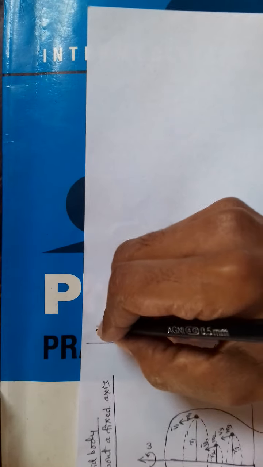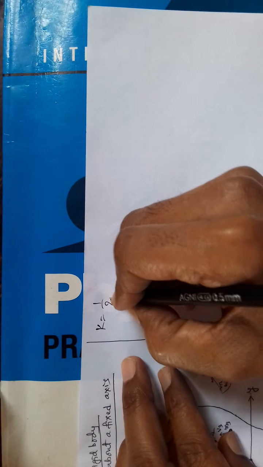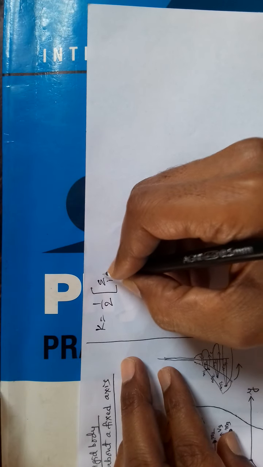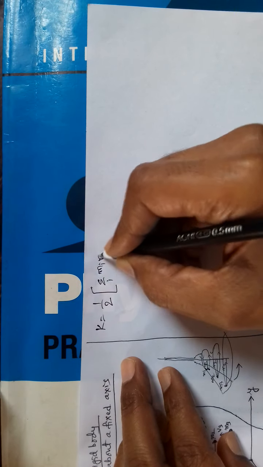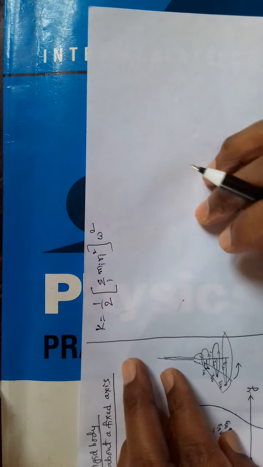K is equal to half, summation m i r i squared, omega squared.